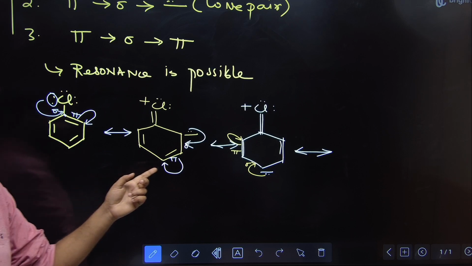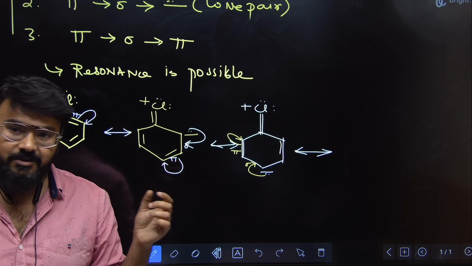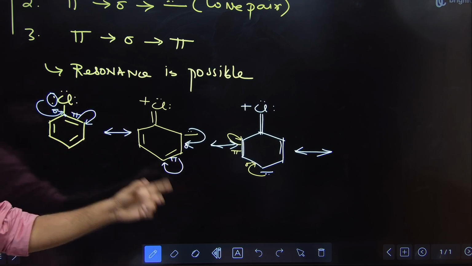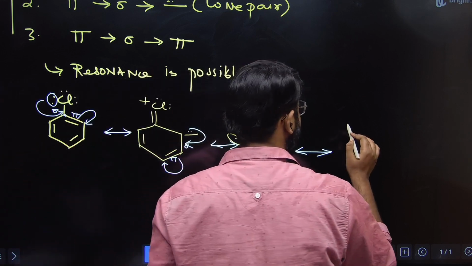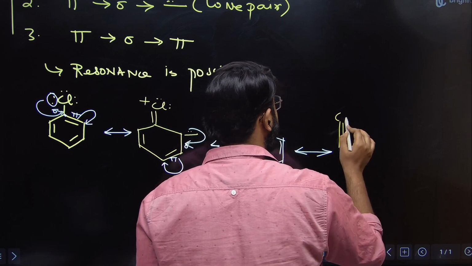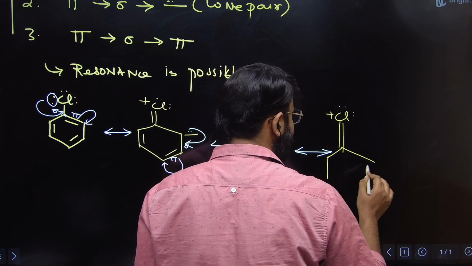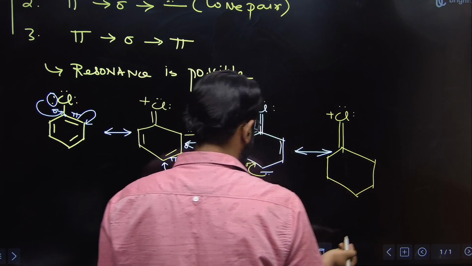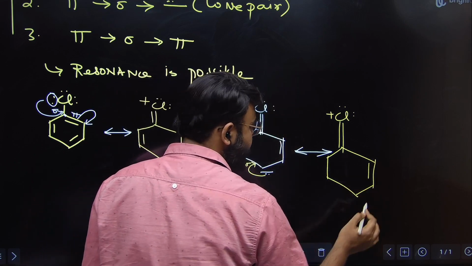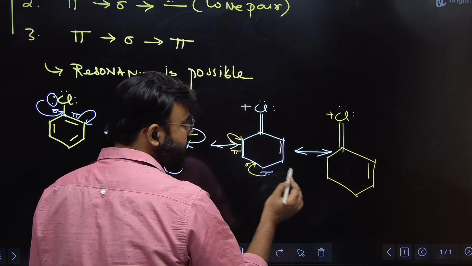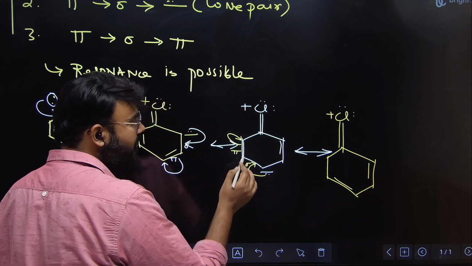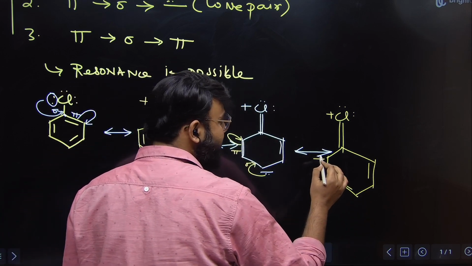Guys, after this, I'm going to give you one additional work. Okay, so please focus. Now, we will draw the next structure. So our next structure will be, now this has shifted here, so a double bond came here. This pi shifted here, so a negative charge came here.